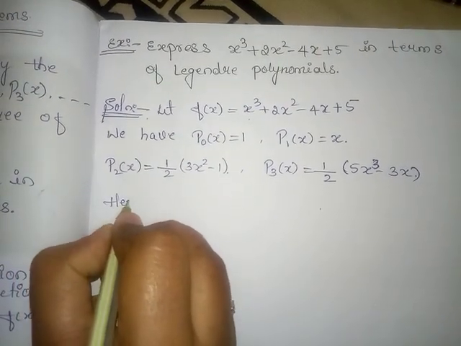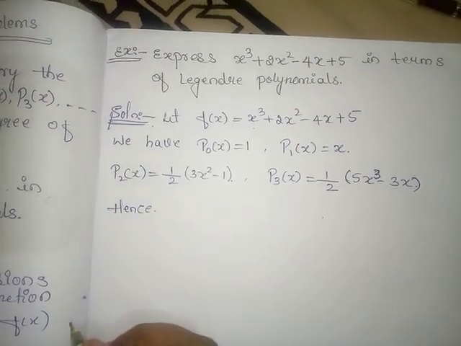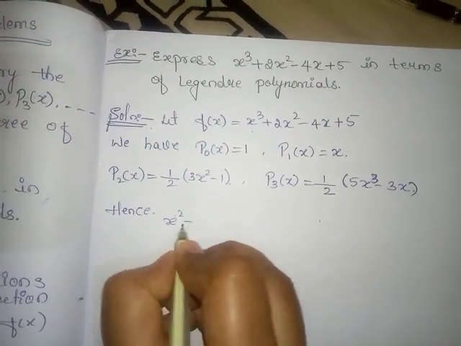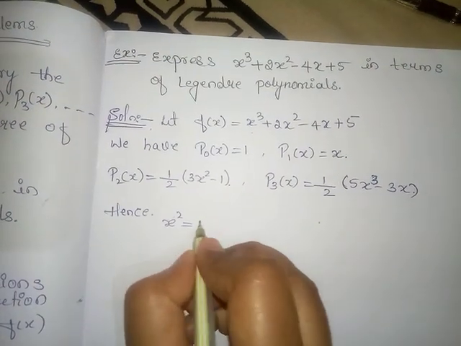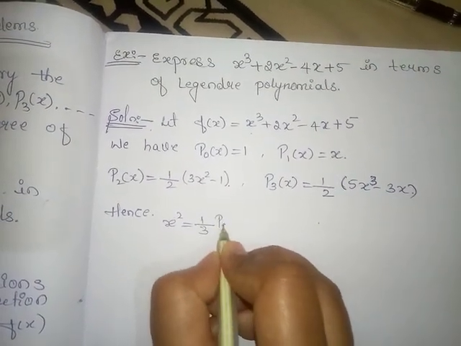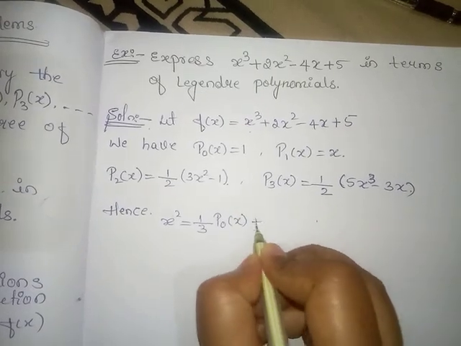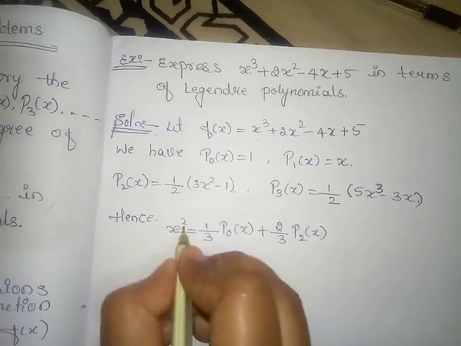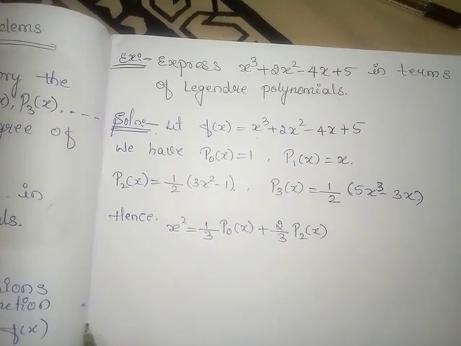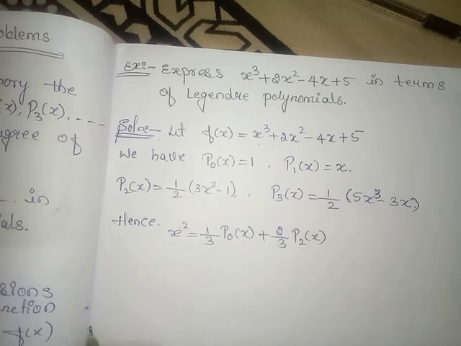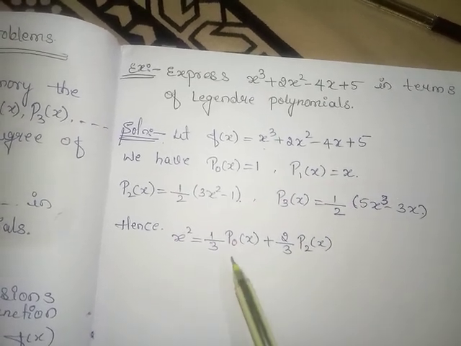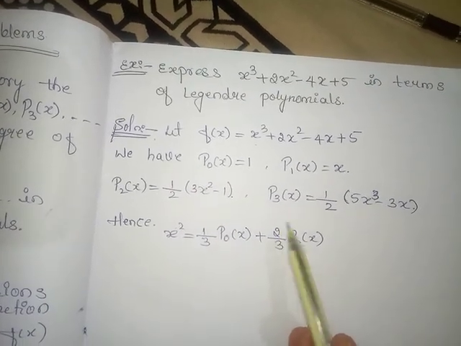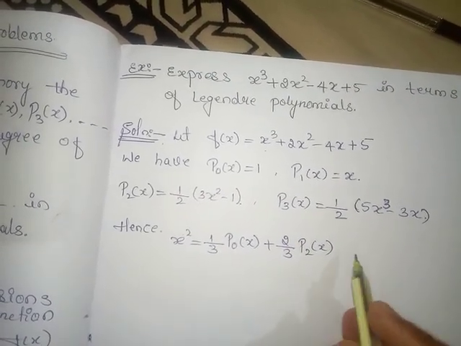Hence x square is equal to 1 by 3 into P0 of x plus 2 by 3 into P2 of x. These we also know from the last class. We have expressed x square, x cube, x raised to 4 and so on in terms of Legendre's polynomial. From those standard results I have written directly.